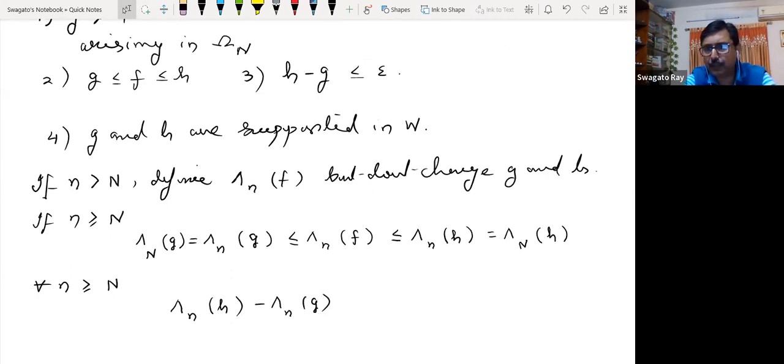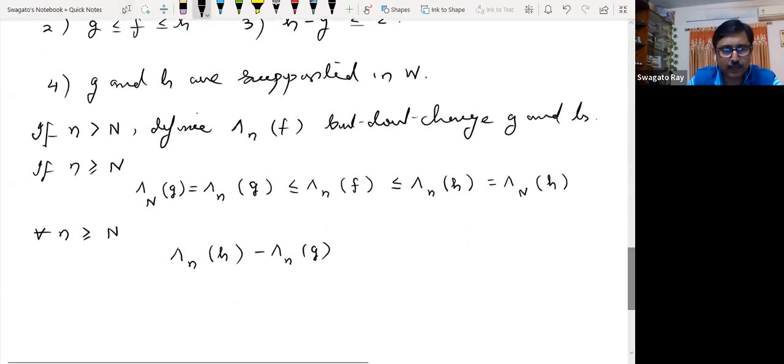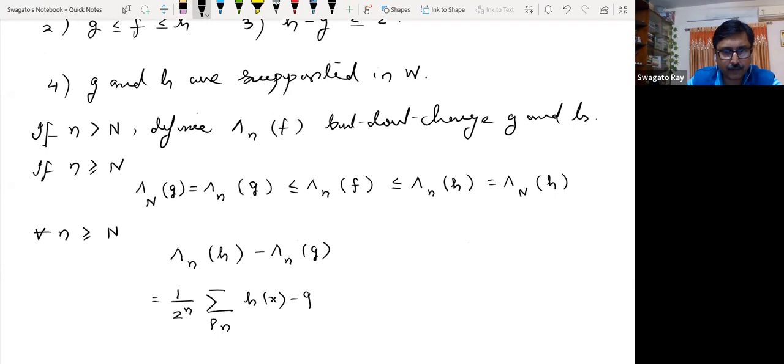Well, I can write down the definition and try to see what happens. So this is then 1 by 2 to the power n, summation over P_n, Hx minus Gx. So what happens in this case? Well, Hx and Gx are basically the maximum and minimum value of the continuous function.